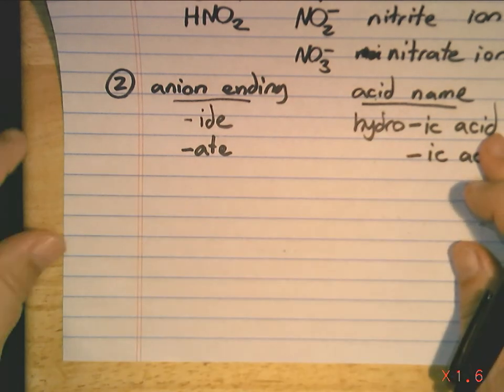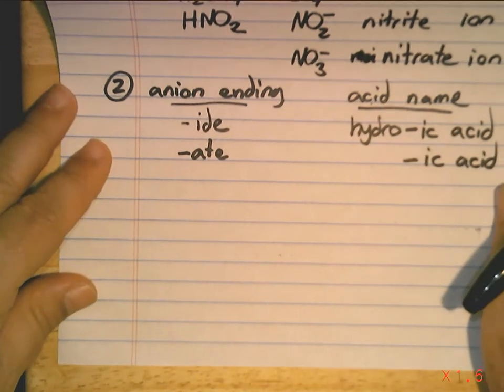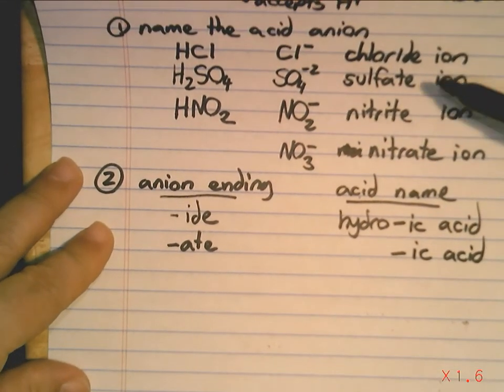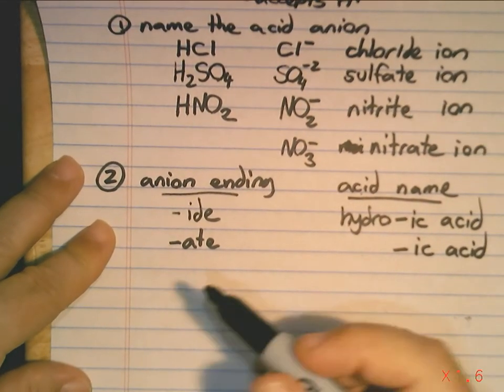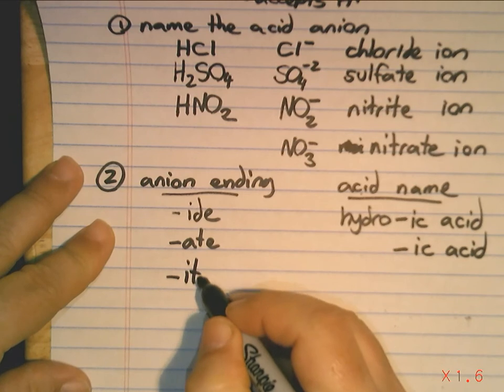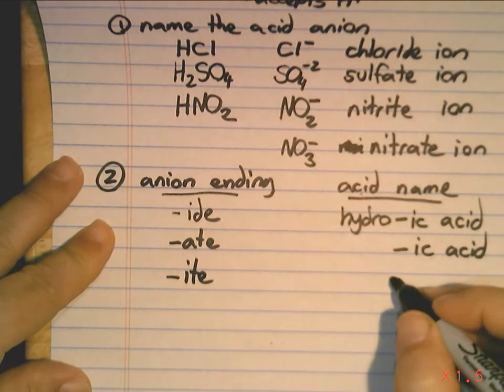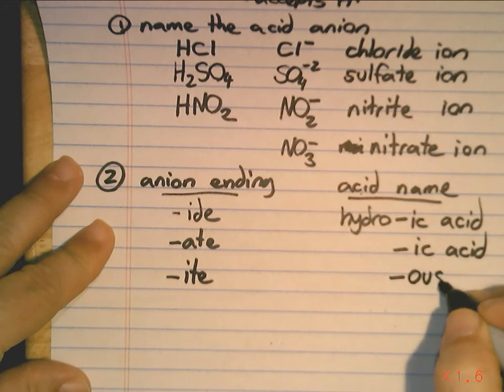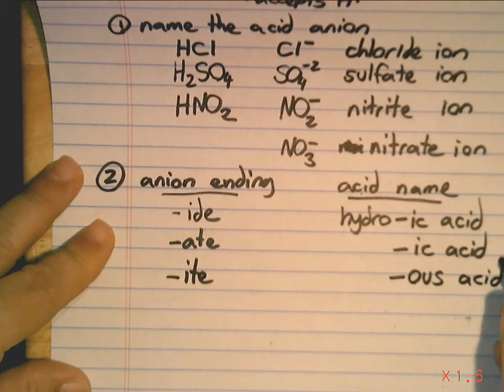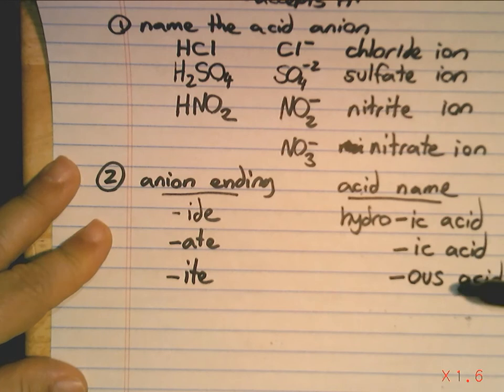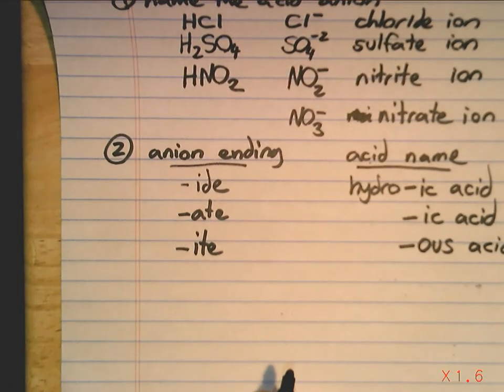All right, one last thing and then we're done. If I have an ITE ending, I am going to replace that with OUS acid. So instead of ic acid on the end, I'm going to put OUS acid if there's an ITE on there.